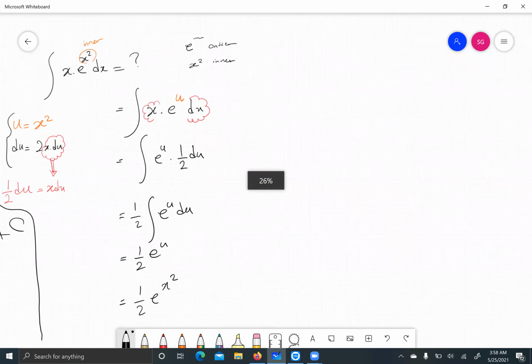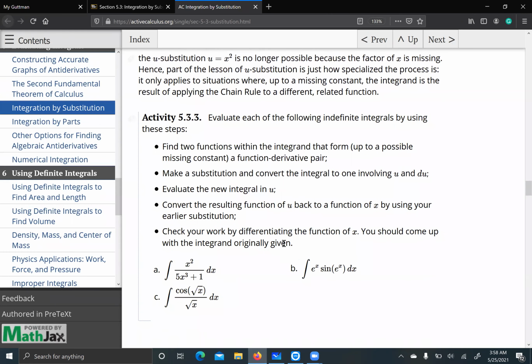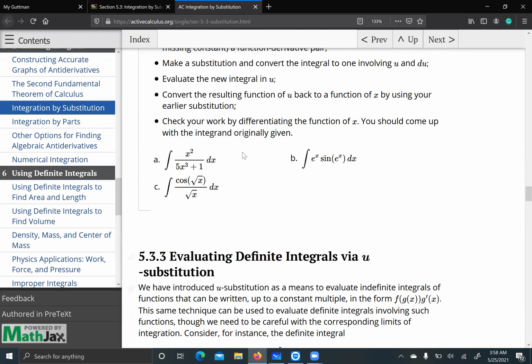And now let's look at another example. So look at this activity.